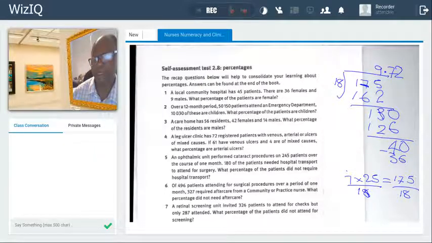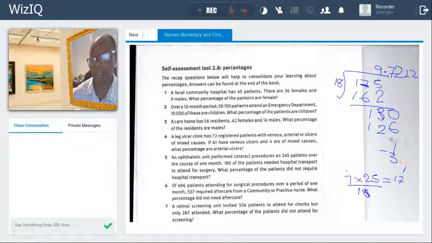If I take away 36 from 40, it's going to give me 4. So it will continue. So it's going to be 2, 2, 2, 2. Okay, so the answer at the end will be 9.72 to 2 decimal places.